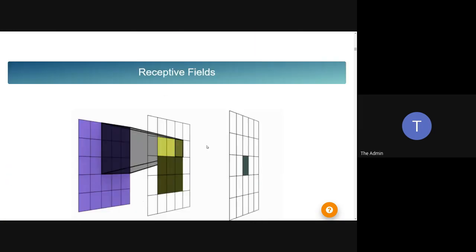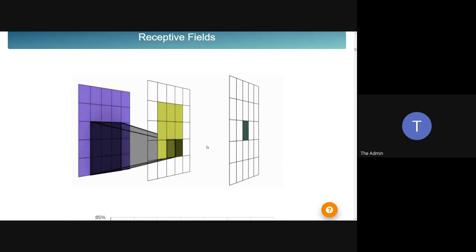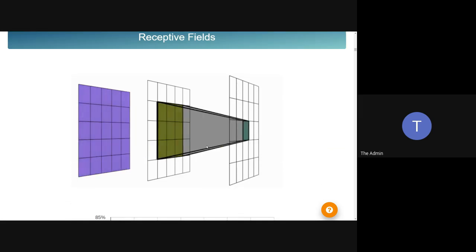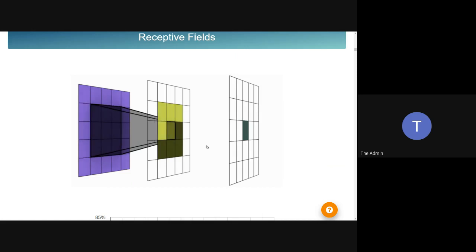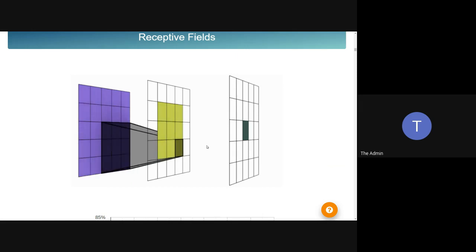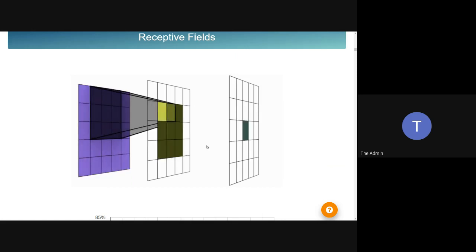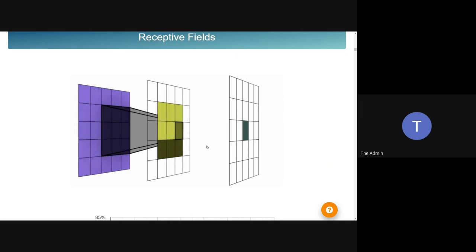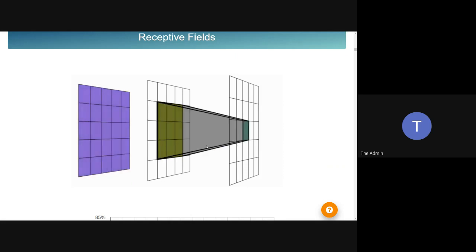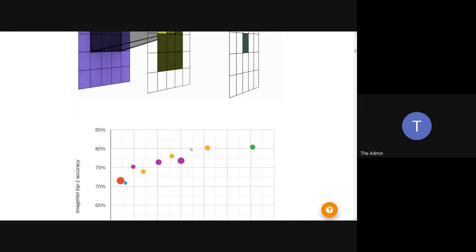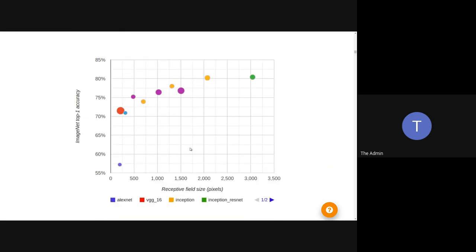And then we discussed receptive fields also, that how our receptive fields increase. Every time we're looking at a pixel, it's looking at 3 pixels cross 3 pixels at the back. And those pixels might themselves have some sort of updated receptive field. Receptive field changes a lot with the jumps, and jumps is linked to the strides. And that also we covered. Now, here's an image which talks about the ImageNet top 1 accuracy versus the receptive field.